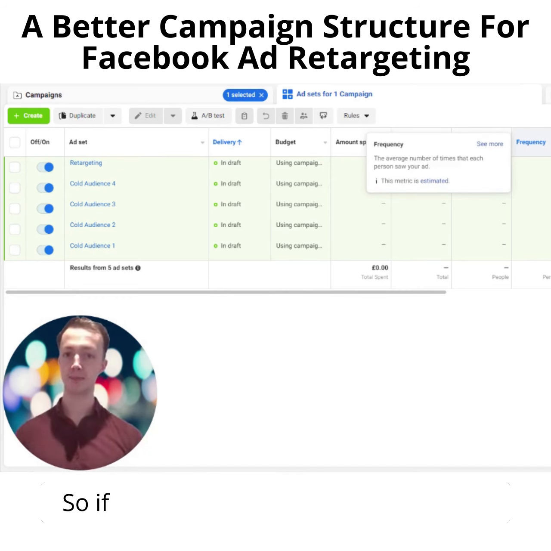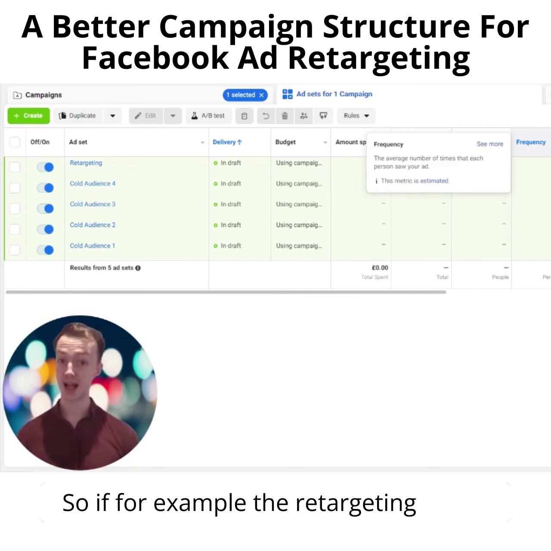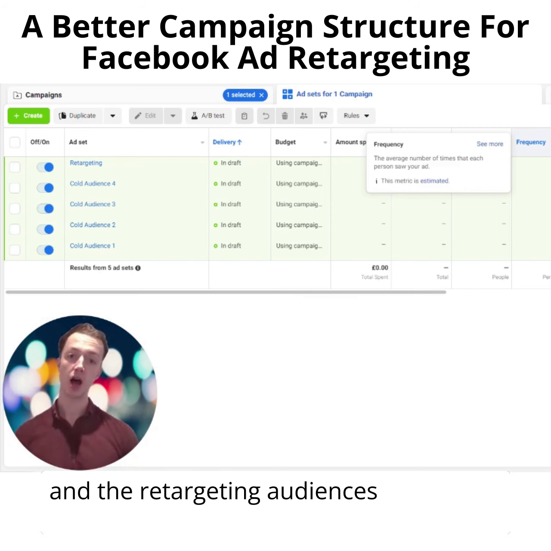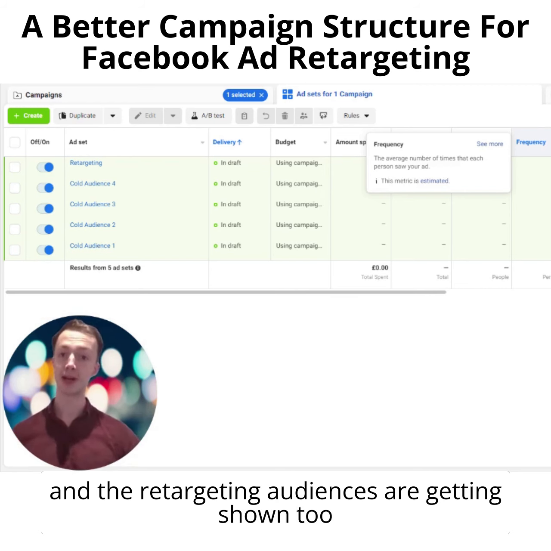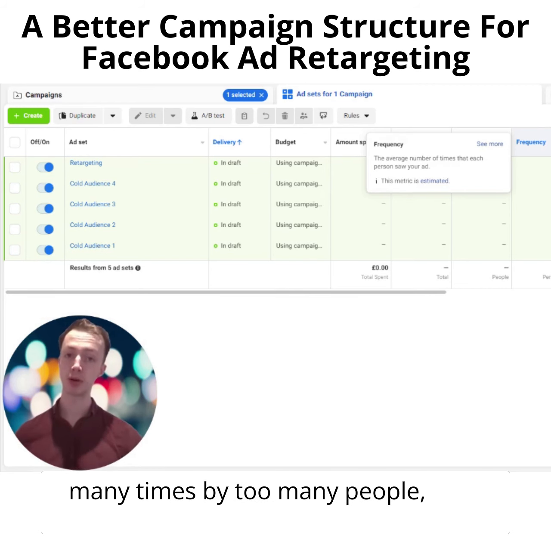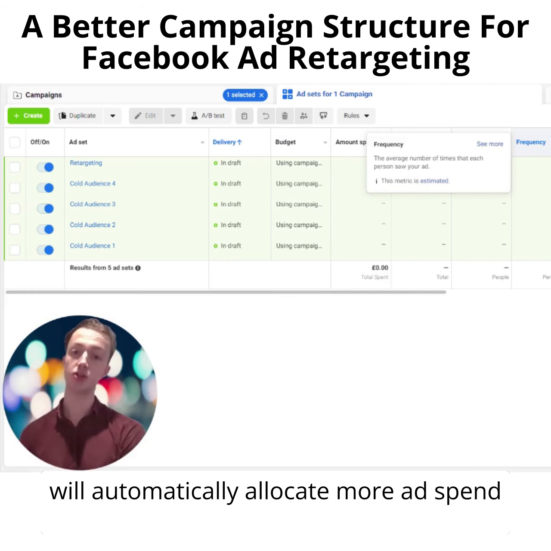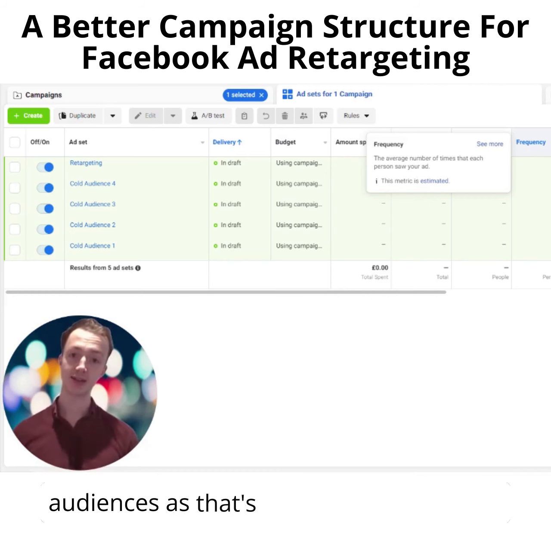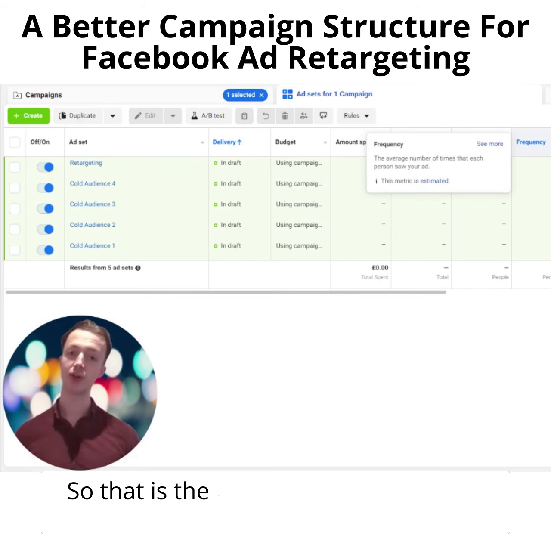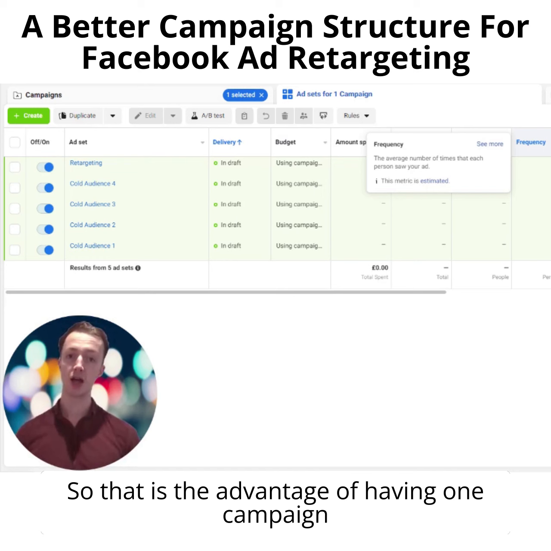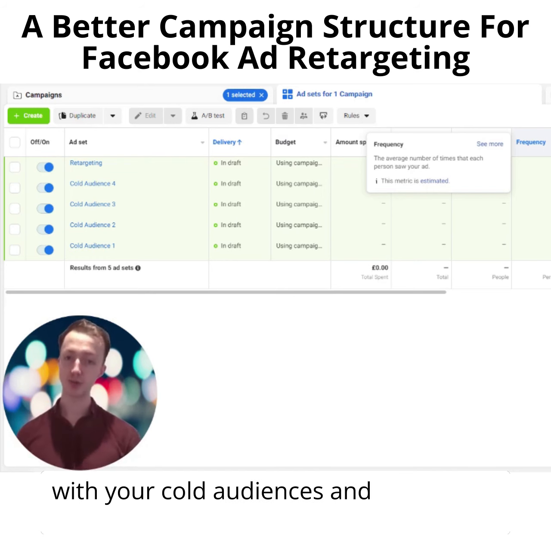So if, for example, the retargeting ad sets and the retargeting audiences are getting shown too many times by too many people, then Facebook will automatically allocate more ad spend to other audiences, as that's likely to perform best. So that is the advantage of having one campaign with your cold audiences and retargeting audiences within one campaign budget optimization campaign.